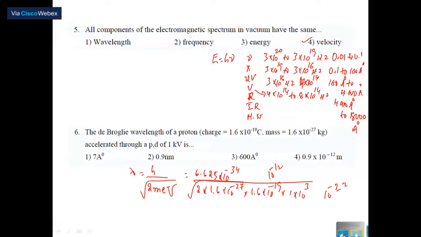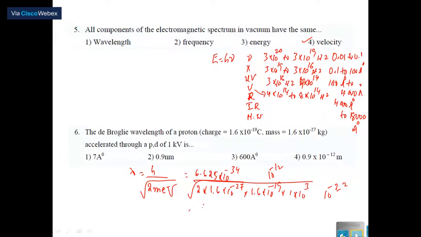1.6 squared is 2.56, into 10 is 25.6, twice that is about 500, and the root of 500 is how much? 20 squared is 400 and 25 squared is 625, so the root of 500 comes between 20 and 25.